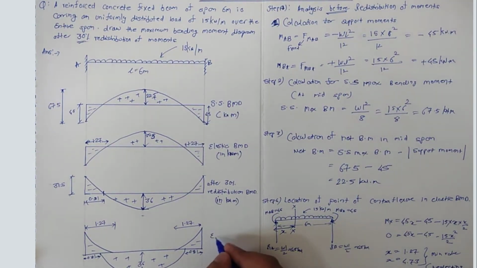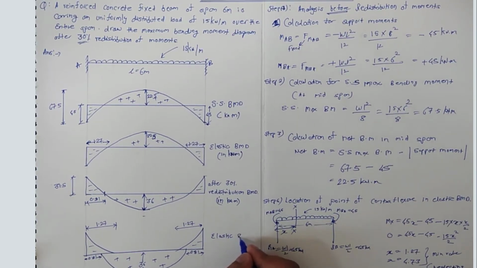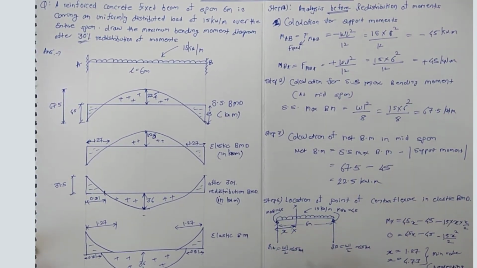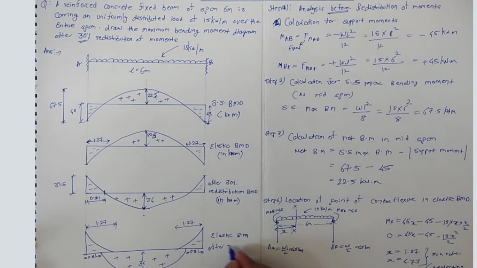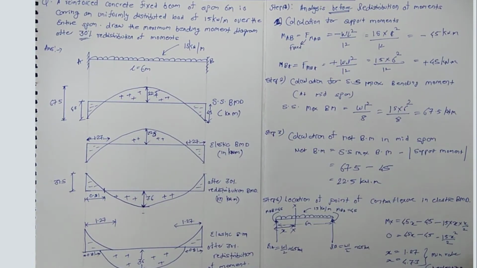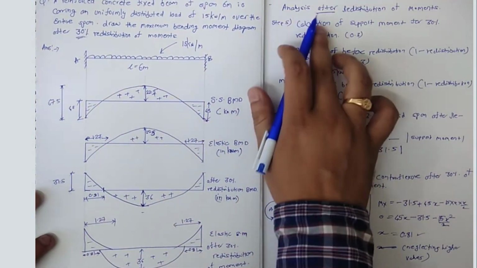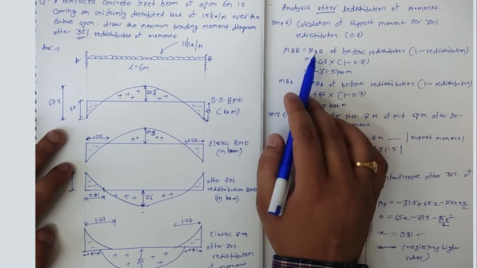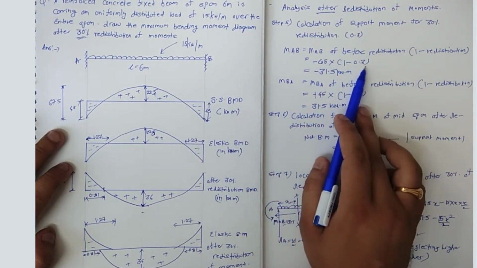So it will also be the elastic bending moment after 30% redistribution of moment. Then we have calculated this. Then after redistribution, we have calculated the support moments, then 1 minus 0.3.